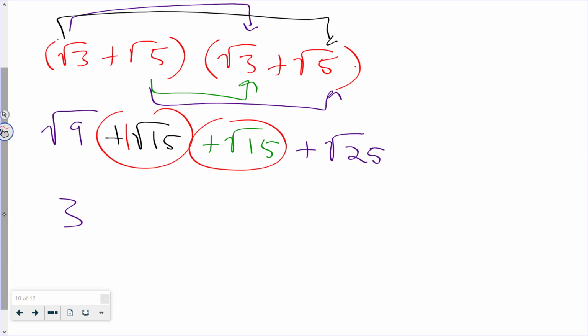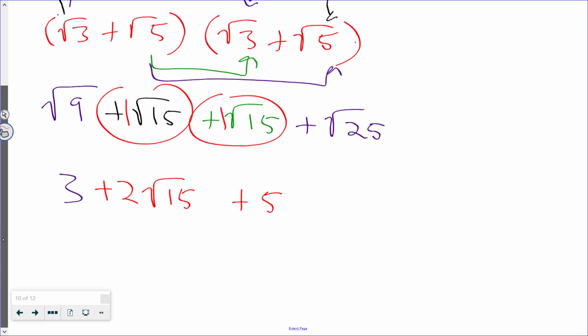There's a 1 here and a 1 there. The rule we learned at the beginning of class: if the indices are the same and the radicands are the same, which they are, just add the coefficients. So it's 1 plus 1, which is 2 radical 15 plus 5. And our answer is 8 plus 2 radical 15.